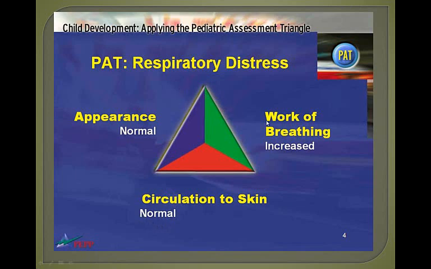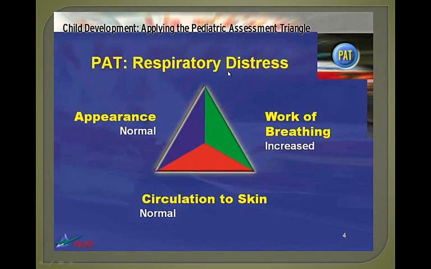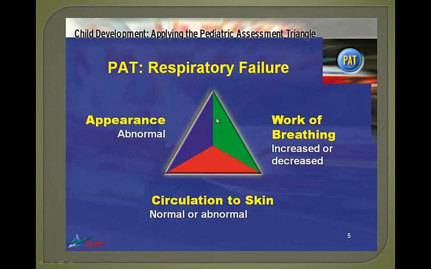Let's take a look at an example of a child using the pediatric assessment triangle for diagnosis that has a normal appearance, normal circulation, but an increased work of breathing. Oh, I'm sorry. I got those slides in the wrong order. So that would be respiratory distress. And I just went over that, but we'll just go over it again.